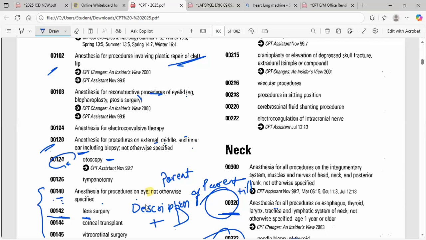So why do we not have the complete descriptions in the child code? Because if we add the complete description in all codes, our book size will increase to double.